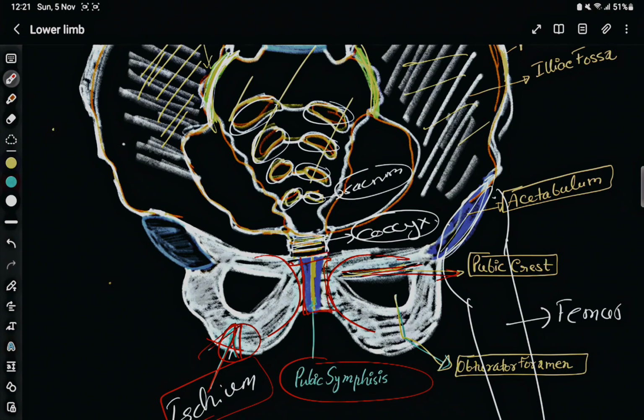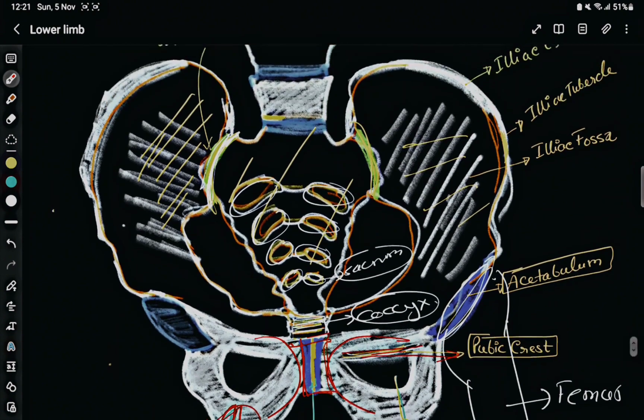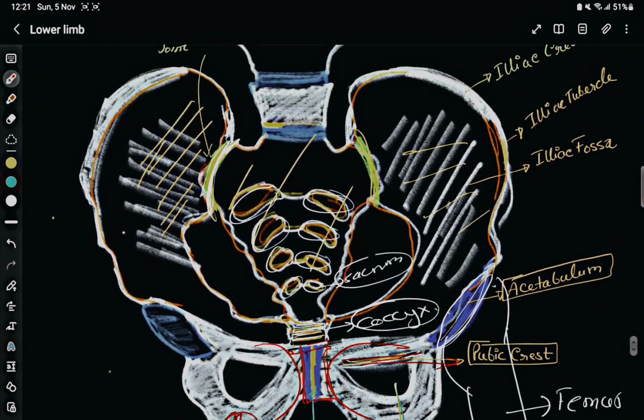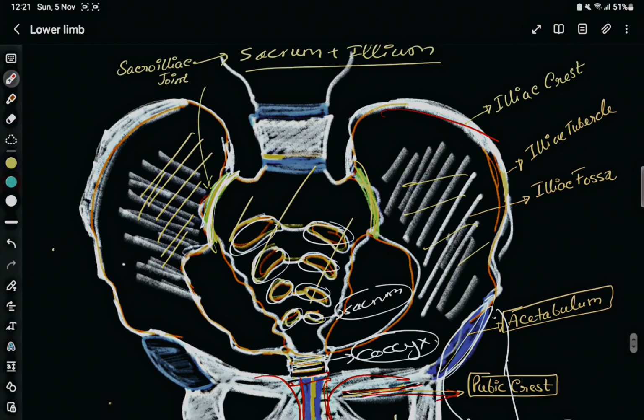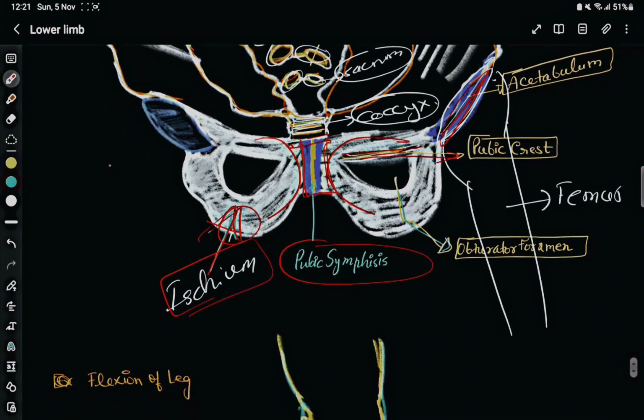Look, pubic symphysis. And remember the border of the ilium is called the iliac crest. And when you come a bit down, this part is called the iliac tubercle. Acetabulum, through which the femur rises, the pubic symphysis.